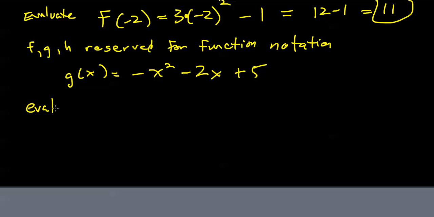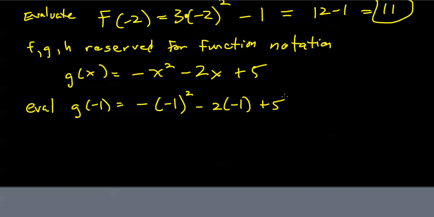And let's say I want to evaluate g of minus 1. Well, all I do is plug in a minus 1 for x, everywhere I see an x in that polynomial expression, and grind out an evaluation according to my order of operations. Now be careful about the negative signs here.